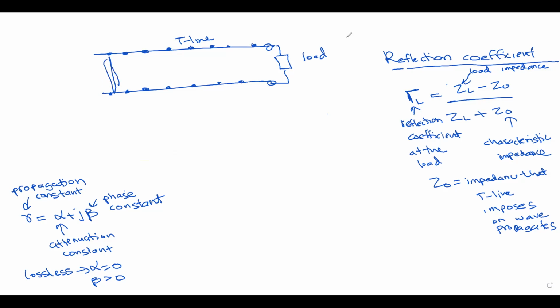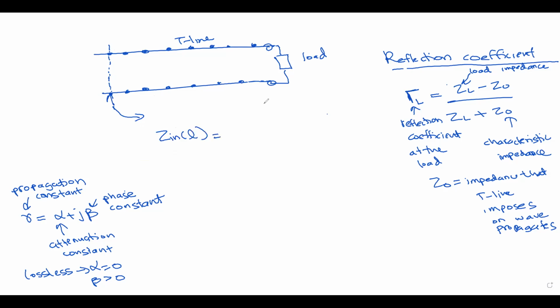So for example, if we take this location, we try to find the impedance between this location in the line. That impedance value can be found using this equation.